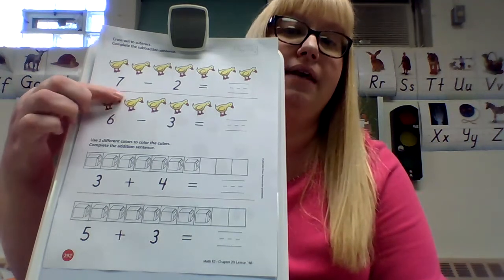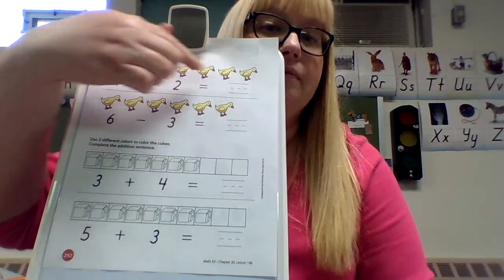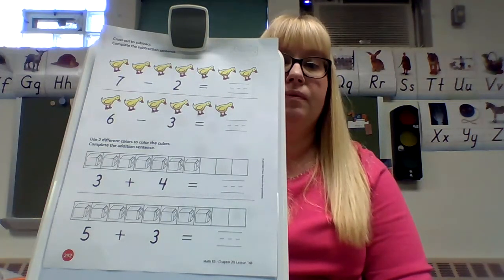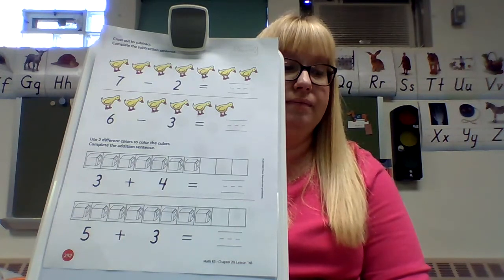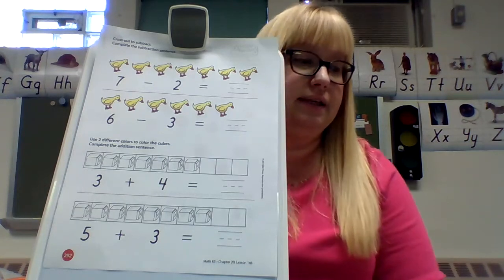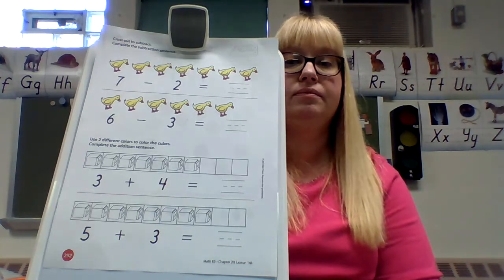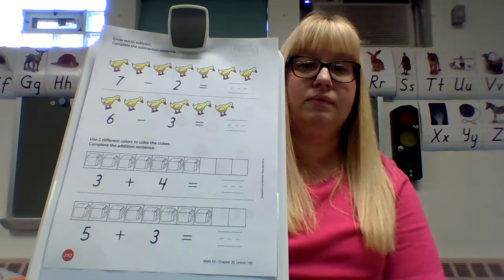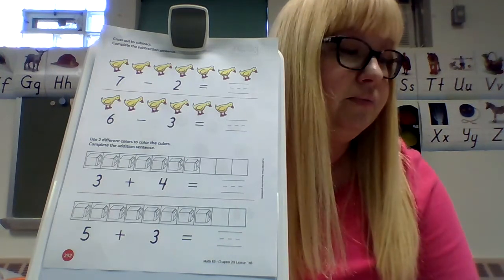So we have 7 minus 2 equals, remember, what are you supposed to do with those ducks? We also have 6 minus 3. What are you supposed to do with those ducks? It says cross out to subtract. So go ahead and do that. At the bottom, you're going to need some crayons.